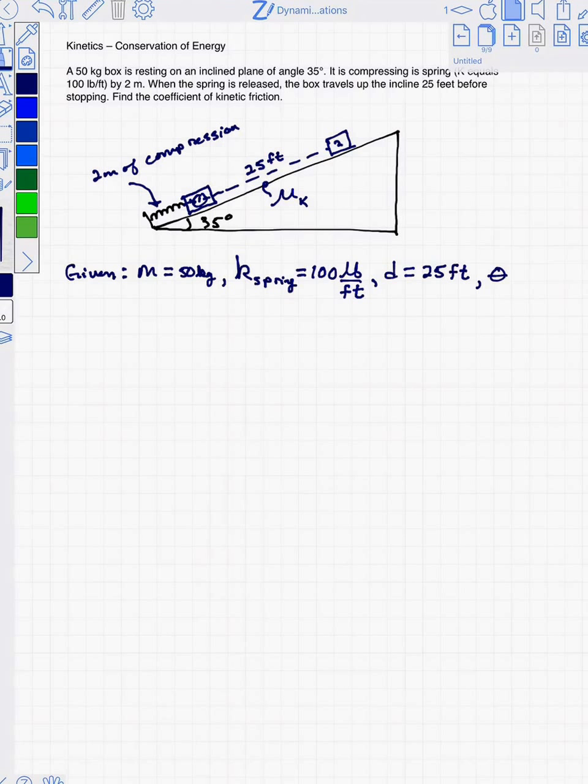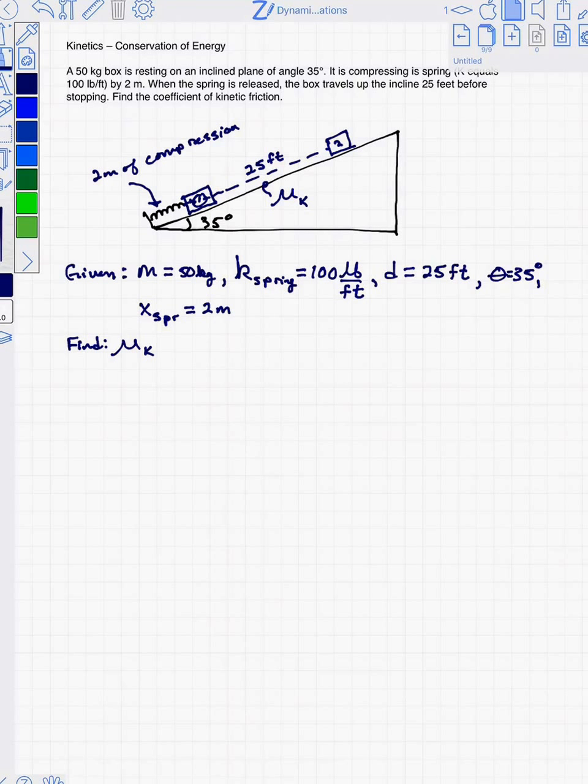The angle of the incline is 35 degrees. And the compression of the spring, let's use X for spring compression, is 2 meters. And we are asked to find the coefficient of kinetic friction.